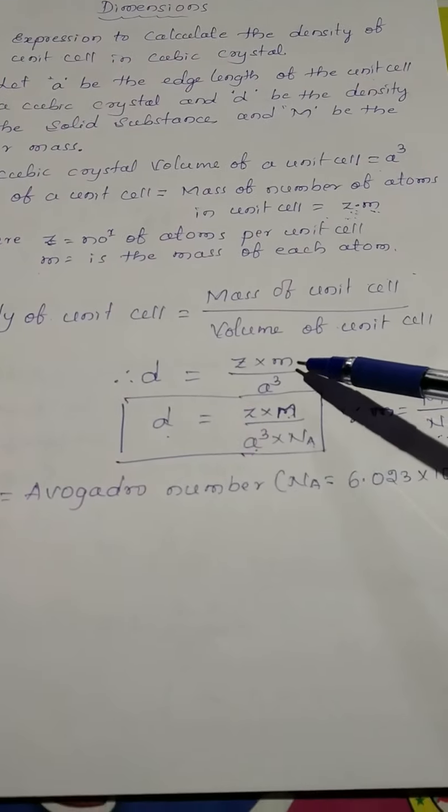Na means Avogadro number. In some books it is given as N naught, in some books Na; both are the Avogadro number. The value of Avogadro number is 6.023 into 10 raised to 23. This is the expression of density.